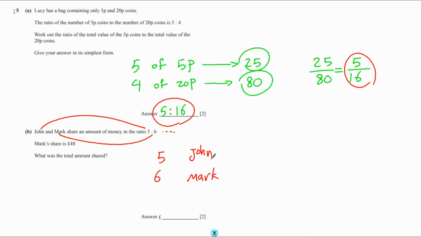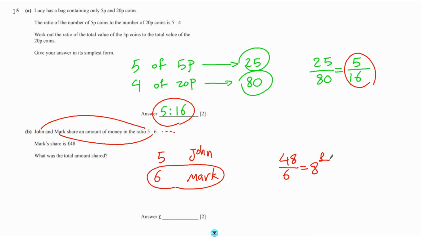So if I know that in here the ratio for Mark is 6, if I divide 48 by 6, which would be 8, this 8 pounds is the value of each one share.